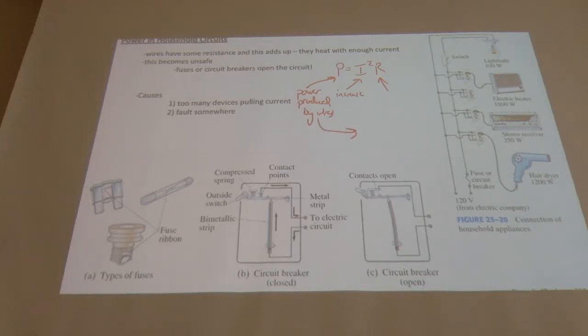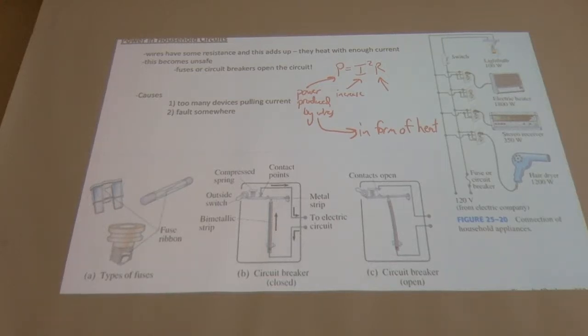This is usually in the form of heat. Why is it in the form of heat? Collisions. As I pass more and more electrons through those wires, and they have more and more collisions with other electrons and with the nuclei of the atoms, every one of those collisions is some type of a loss of energy. That energy has to go somewhere.